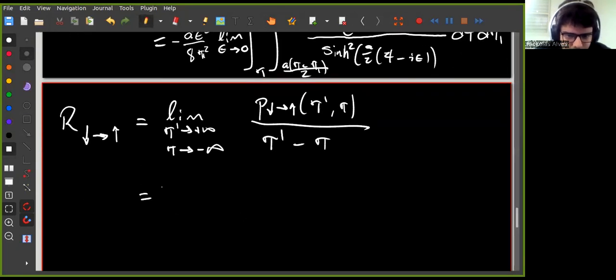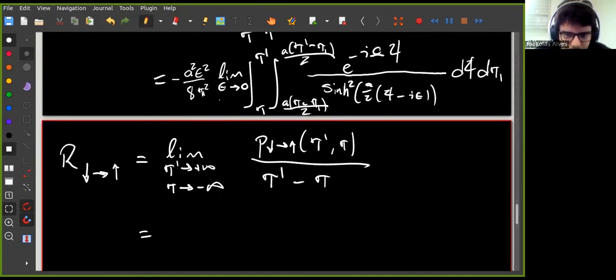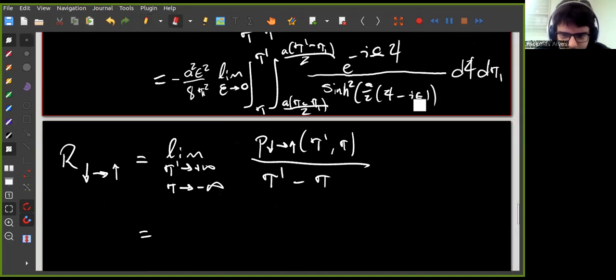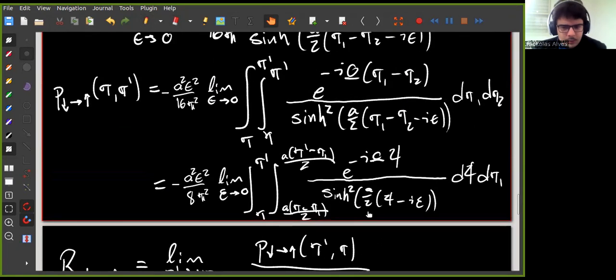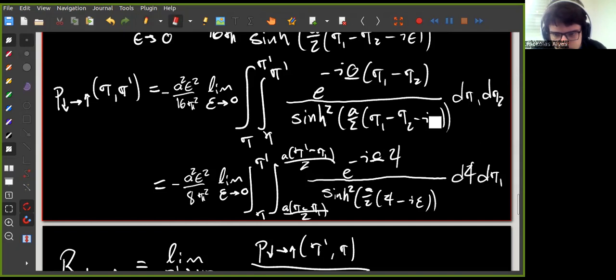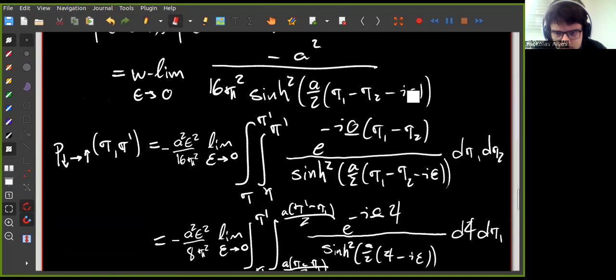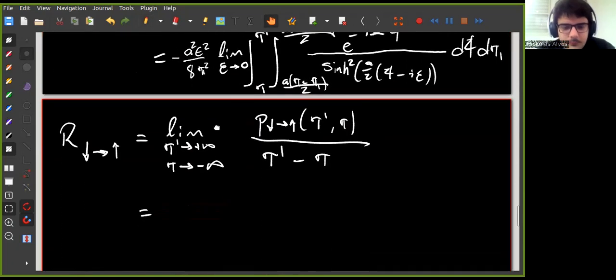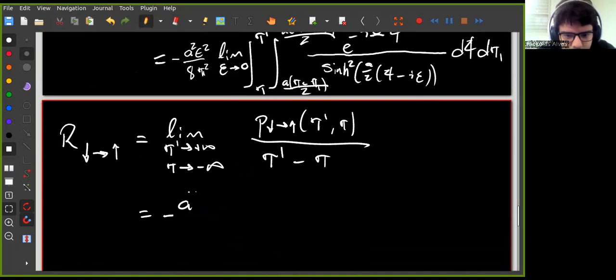This gives us, from the previous equation, excuse me, let me actually change my notation a little bit so the epsilon is clear.